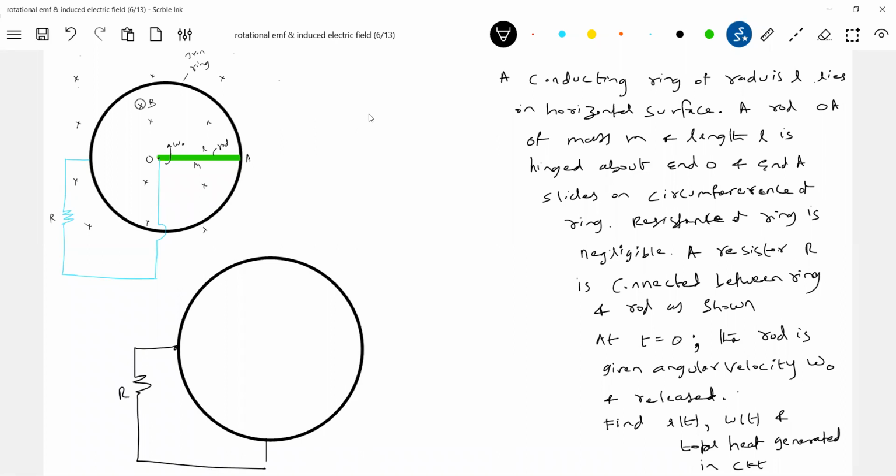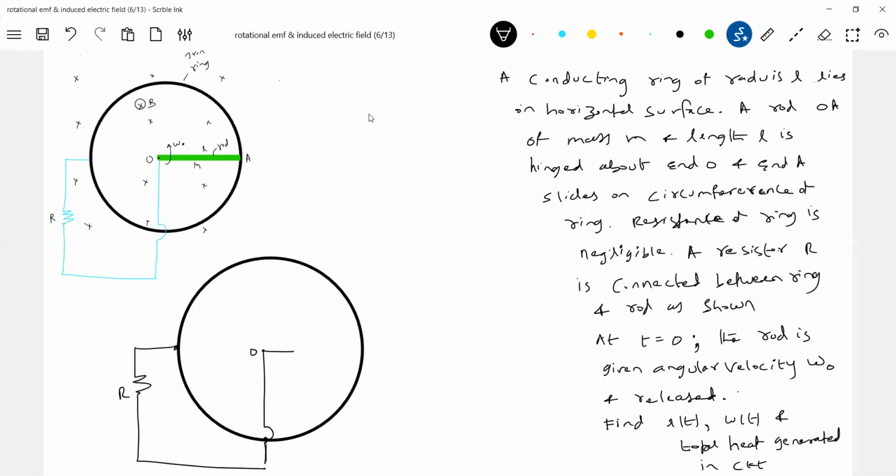The resistor is connected about these fixed points. So here it will be, take this one. Now, which end will be positive, negative? Which end of the rod? So B into the plane, B into the plane, tangent. So this end will be positive.